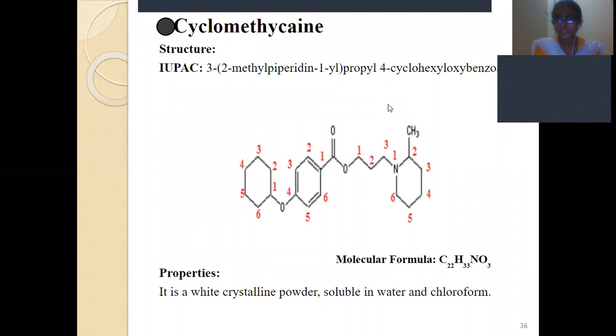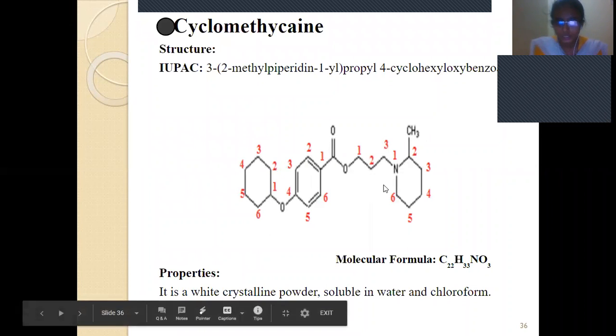Next, cyclomethycaine. This is the structure and this is the IUPAC name: 3-(2-methylpiperidin-1-yl)propyl 4-cyclohexyloxybenzoate.